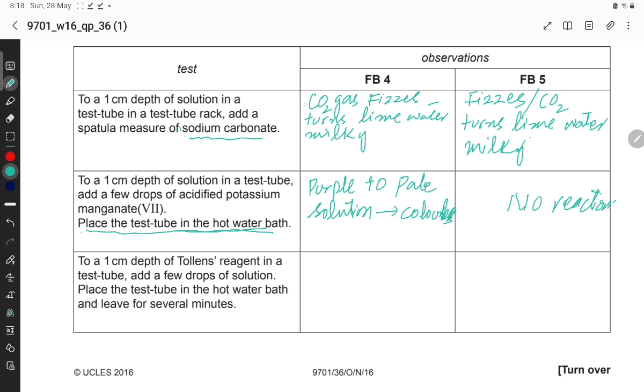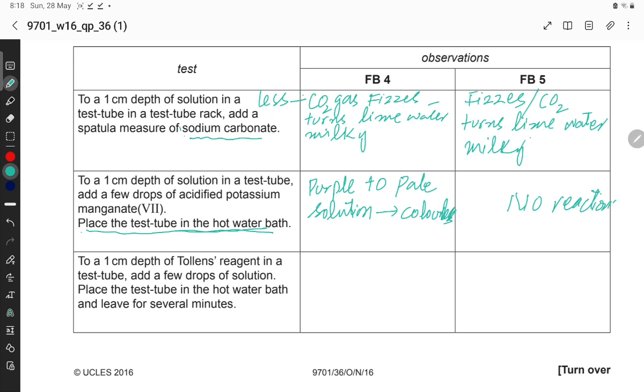And in this you can observe the gas, the rate of gas evolved. If there is less effervescence, write down less effervescence, or identify the rate of reaction if both FB4 and FB5 have the same observation.